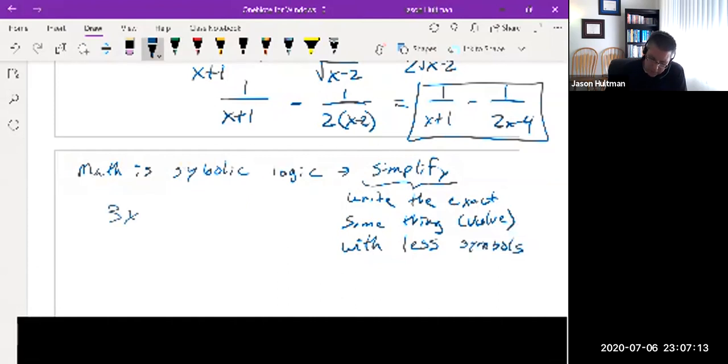Okay, if I say 3x plus 5x plus 7x, and I want to simplify that, what does that mean? It means give me the exact same meaning, but with less symbols. That's all it means. And if you end up multiplying that thing together, finding a common denominator, is that really simpler?